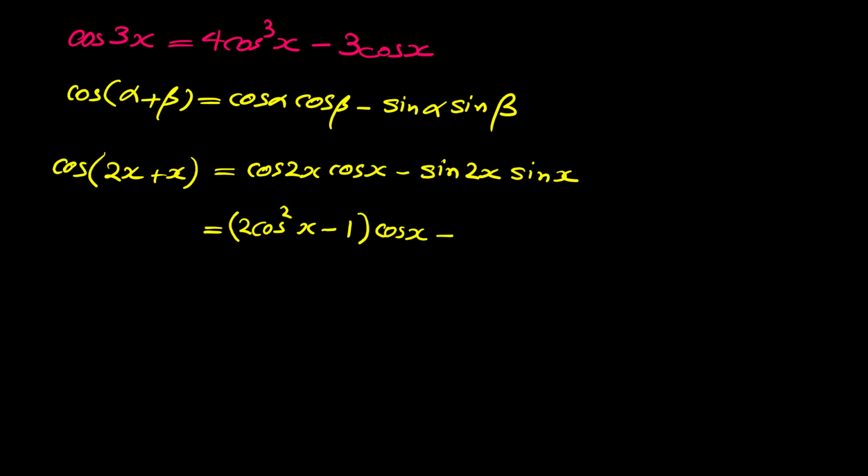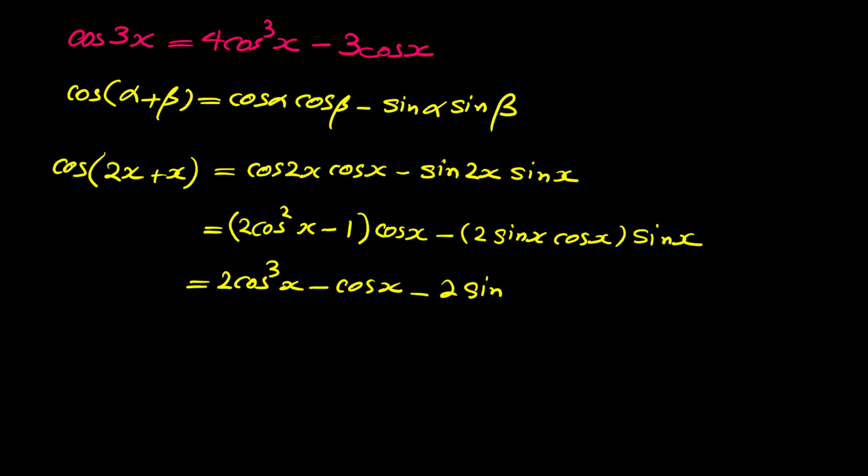And again, from double angle identities for sine, sine of 2x is 2 sine x cosine x, times sine of x. Multiply cosine x in the bracket, then you have 2 cosine cubed x minus cosine x, minus 2 sine squared x cosine x.